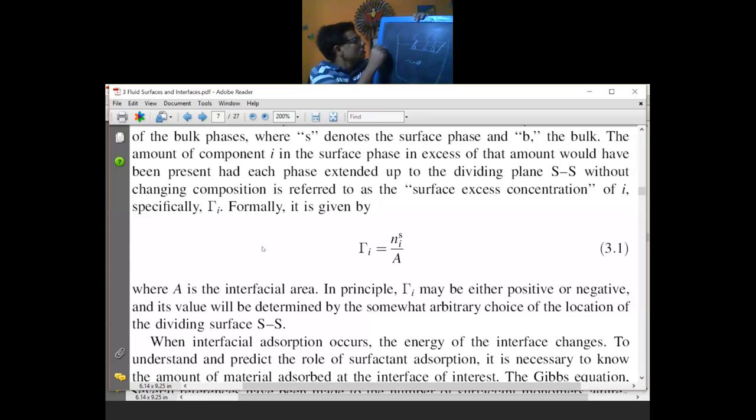So there would always be an excess, and it is the surface excess concentration. Usually concentration means concentration in 3 dimensions, in terms of volume, but here the concentration is in terms of the cross-sectional area. So this gamma I is called surface excess.